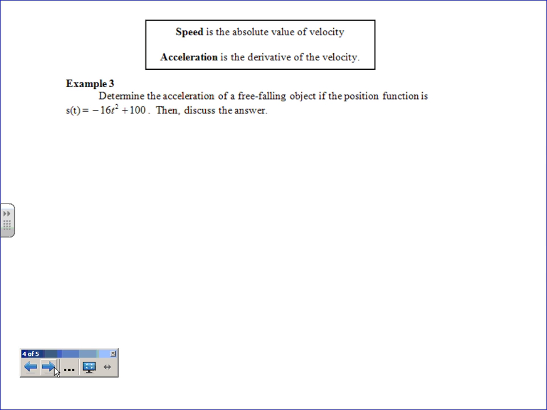What does S stand for in these problems? Position. This is the position function again. Hint, hint. That darn reading just gets in the way. That's position. I need to get to acceleration.